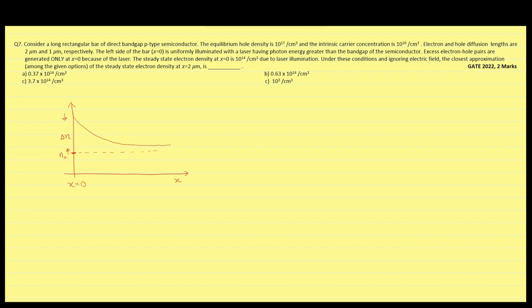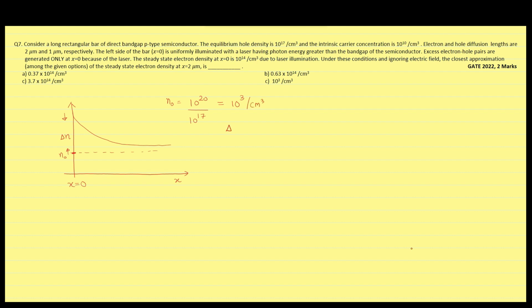You can also see that N naught is equal to 10 raised to the power 20 divided by 10 raised to the power 17. We have used simply the mass action law, and after solving you will find the free electron concentration to be equal to 10 raised to the power 3 per centimeter cube.